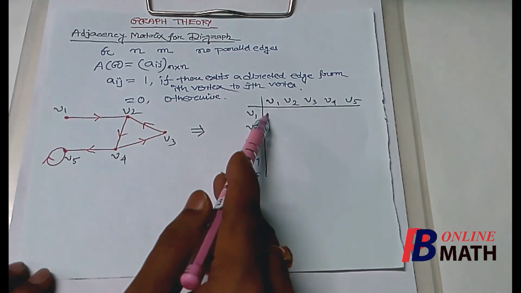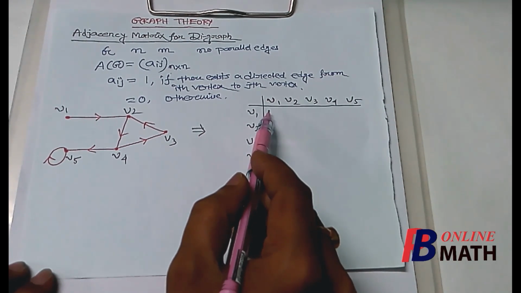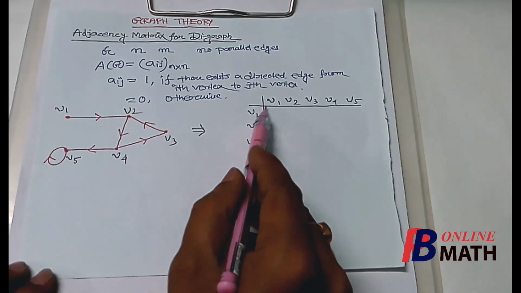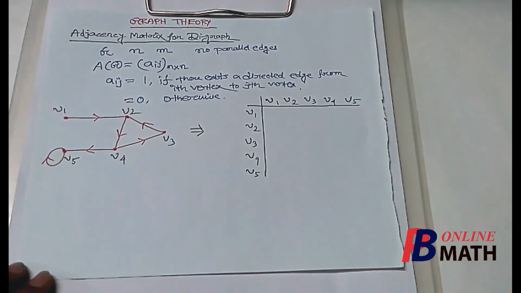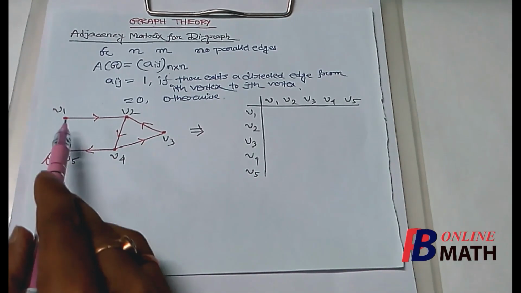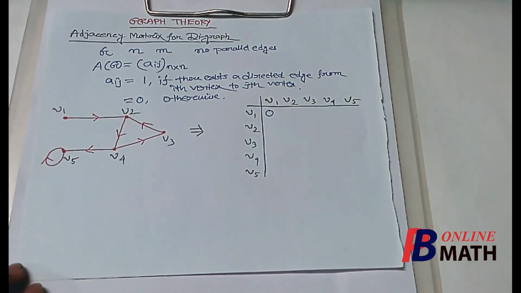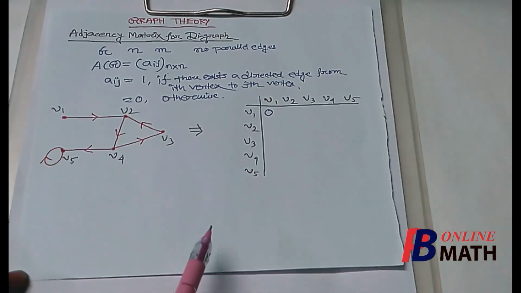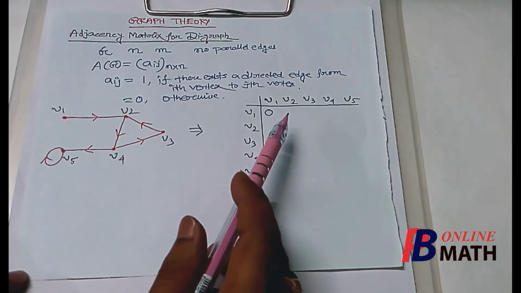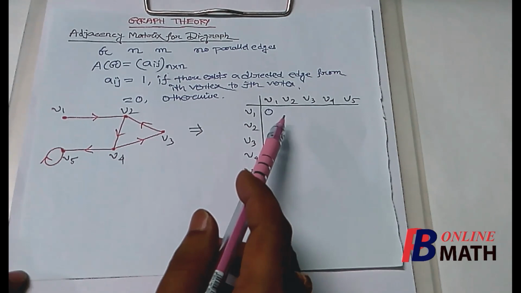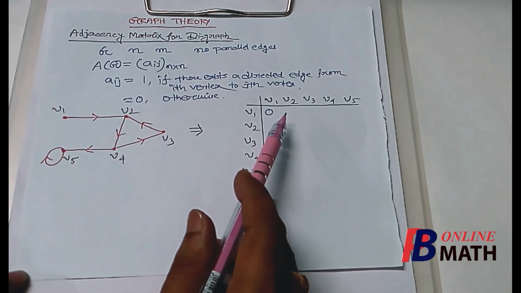First one is this element. Let us find whether there is any directed edge from V1 to V1, that means whether there is any self loop at V1. We find that there is no self loop at V1, so we shall put 0 here. Next we find this element. The rule is, if there is a directed edge from V1 to V2, then we shall put 1 here, otherwise 0.